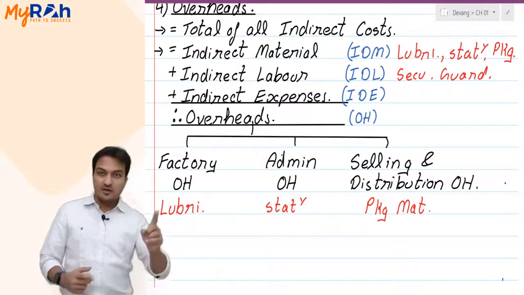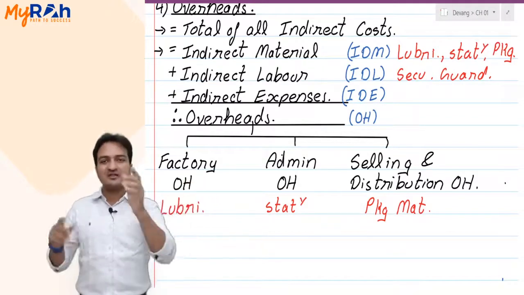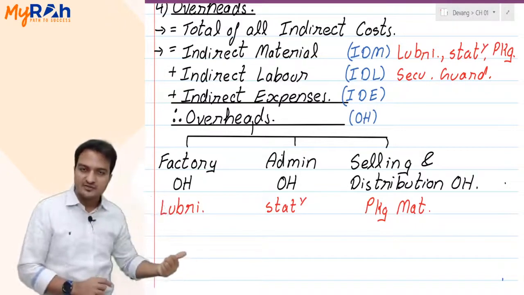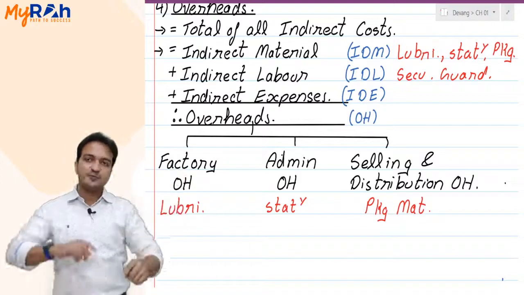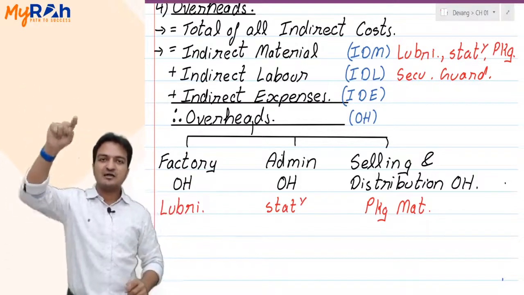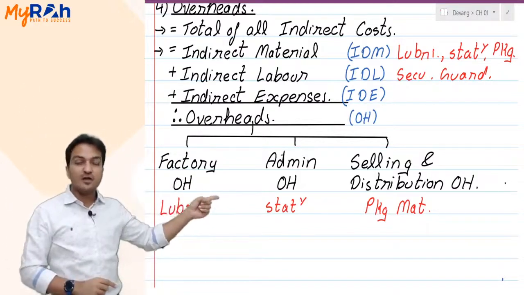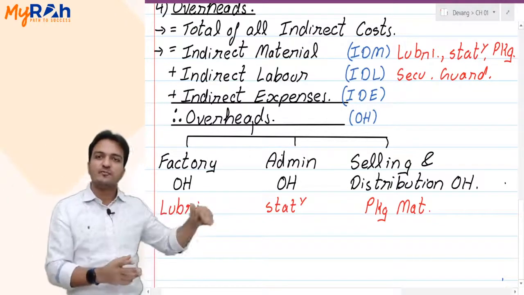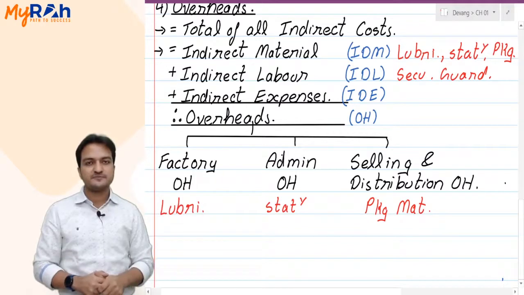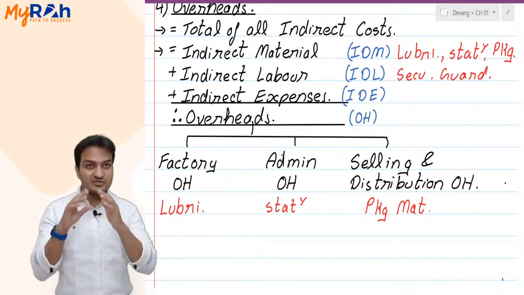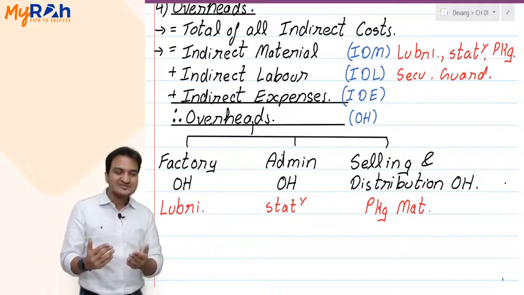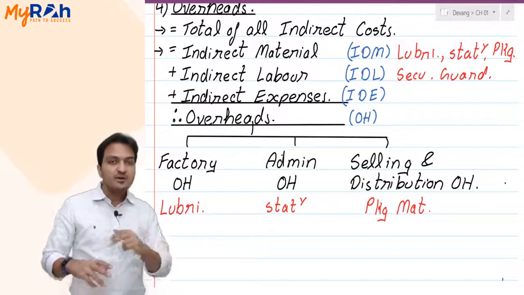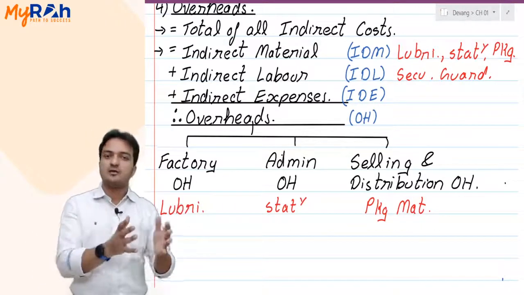If that security guard is at the factory gate, then his salary will become factory overheads. If that same security guard is put in the accounting office, then his salary would become admin overheads. And if that security guard is put at the showroom, then his salary would become selling and distribution overheads. So the same security guard's wages or salary can fall under either of these three depending on where it is incurred.